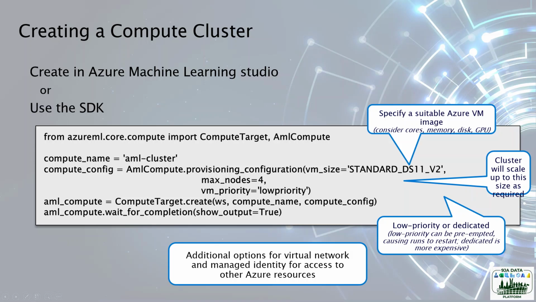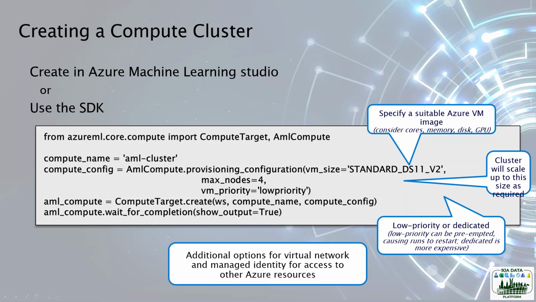We are specifying the name of that compute that we want to create, and also the configuration. In terms of the VM size, there are different types of SKUs available. You can select the one that is preferable to you. You can select the number of nodes and also set the priority on the virtual machine, right?